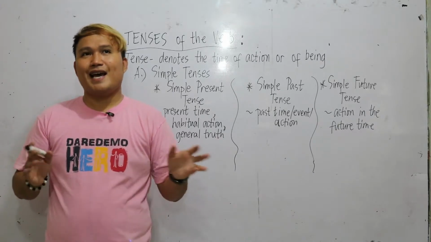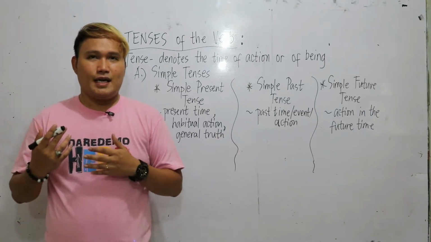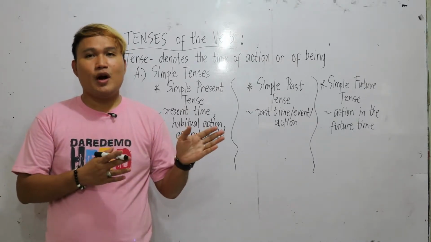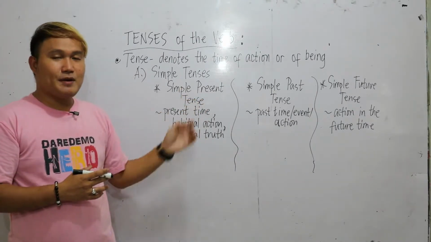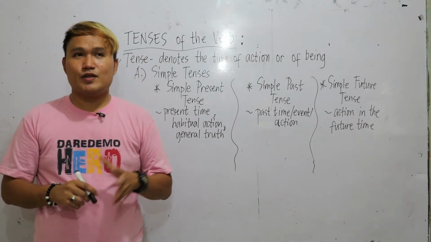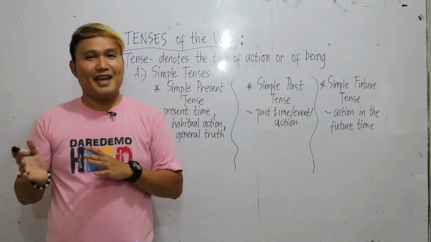So if there's an action that happens every day, or almost every day, you make it a habit, that action is already referring to the simple present tense. So an example of a habitual action is: I take a bath every day.